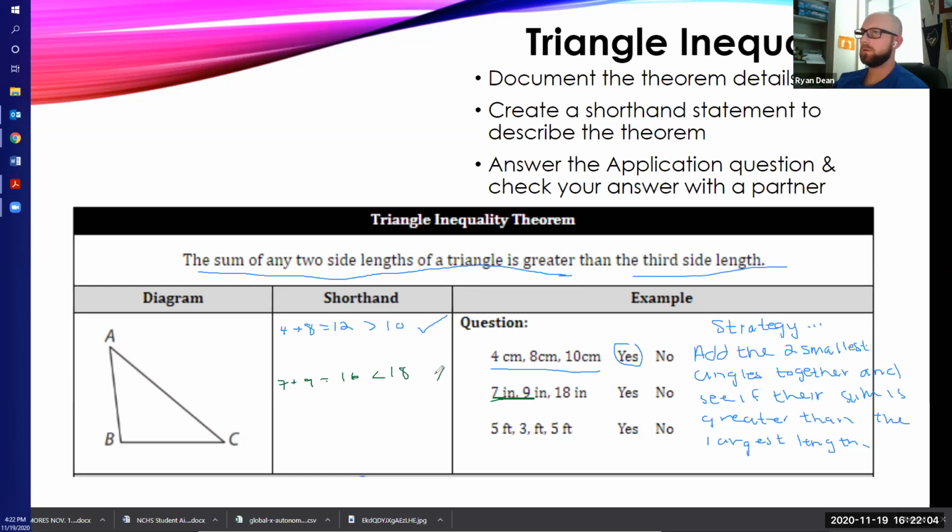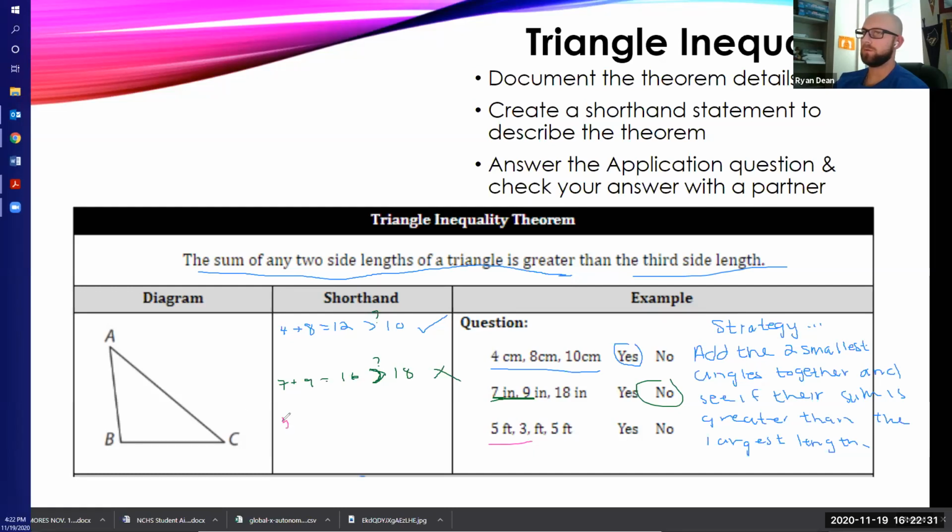I'm going to rewrite this a different way. The question mark here, we need to figure out, okay, is the sum greater than the third side? And the answer is no for this specific one. Okay, that's what all this information here is. Okay, the two smallest, we have a 5 and a 3.